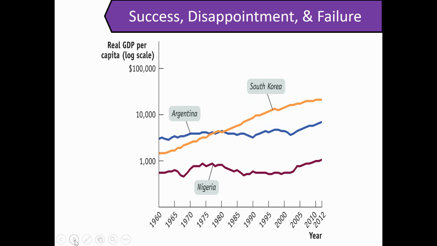South Korea and other East Asian countries have been highly successful in achieving economic growth, whereas Argentina, like much of Latin America, has had several setbacks slowing its growth, and Nigeria's standard of living in 2012 was only barely higher than it had been in the 1960s, an experience shared by many other countries in Africa. So we're going to take a look at that right now.